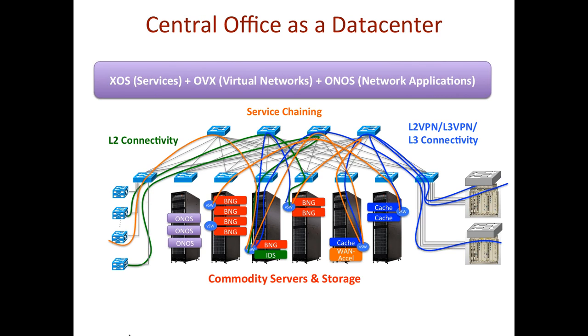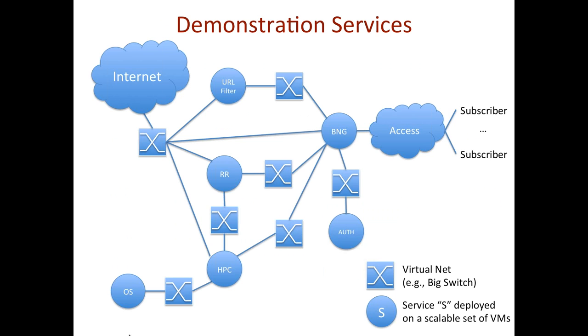So the three pieces are XOS, which is the cloud operating system that we used in OpenCloud, but we sometimes overly conflate XOS, which is the software, with OpenCloud, which is the deployment. So we have XOS, which is a service management engine, OVX giving us virtual networks, and ONOS giving us this set of network applications. What we envision in the next two slides is what the demonstration will look like.